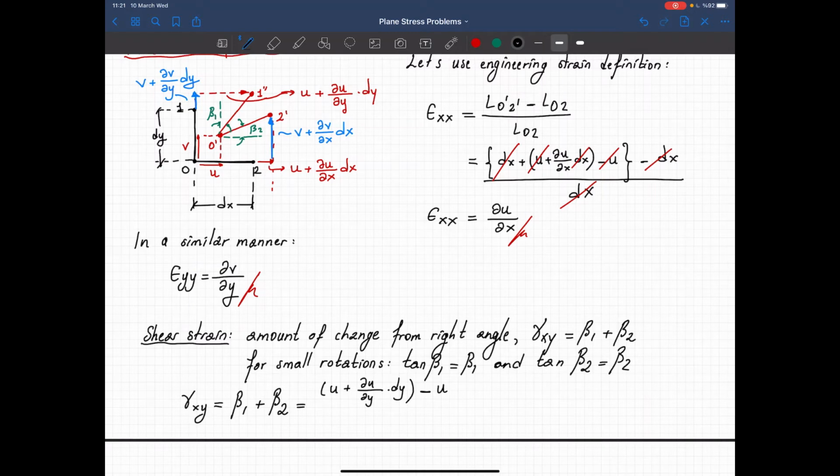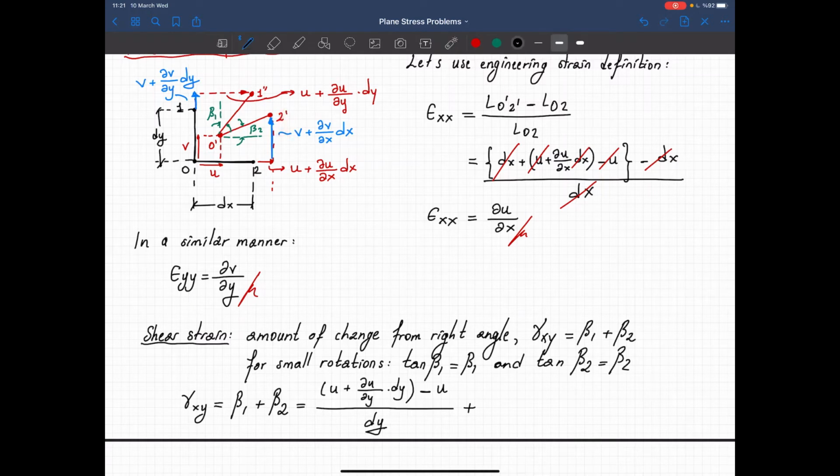Okay, so again, let's repeat what I'm trying to calculate. It's equal to this distance minus that one, which is equal to del u over del y dy, divided by the original length in the y direction. So we are saying that this distance is equal to dy. Plus, for beta 2, I will use this distance.